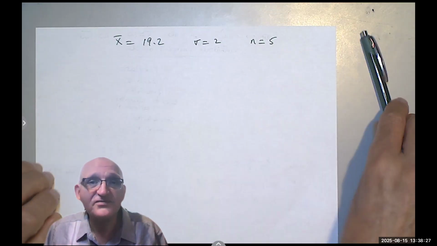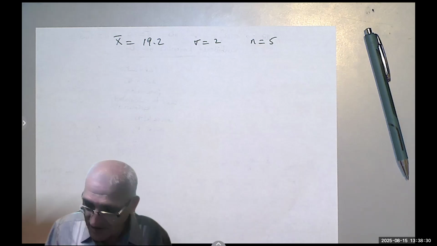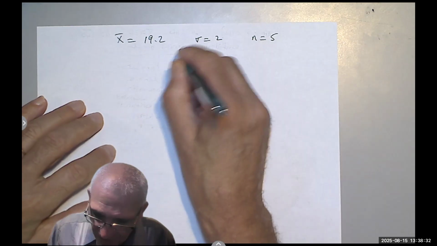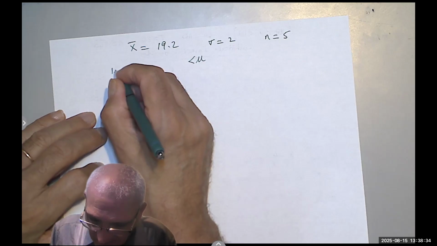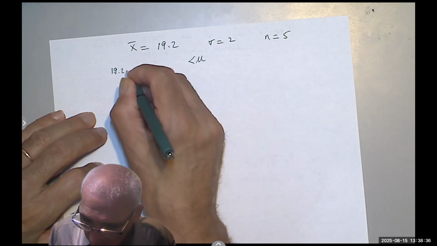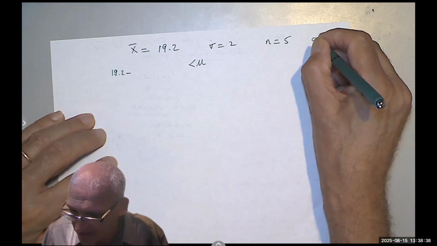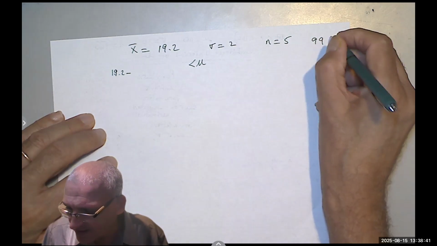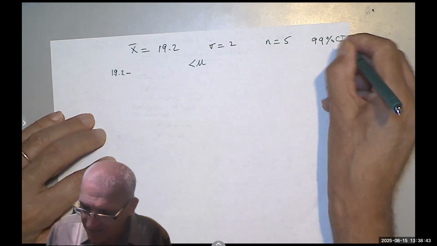Construct a confidence interval for mu. So you say mu is greater than 19.2 minus, we said 99, I think I said, 99% confidence interval.